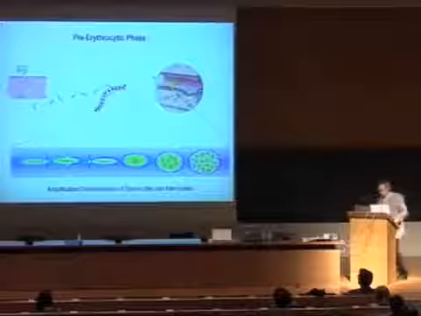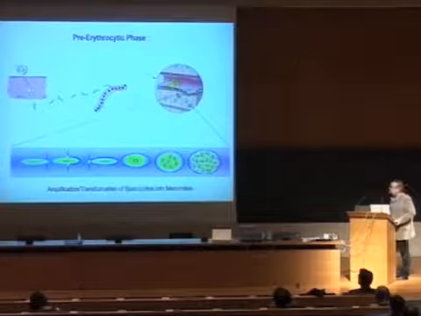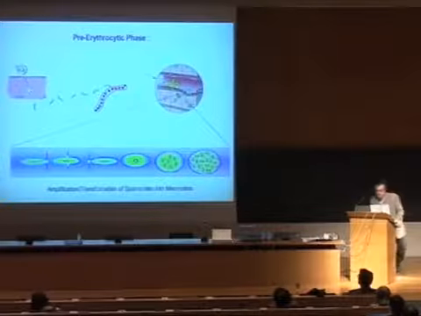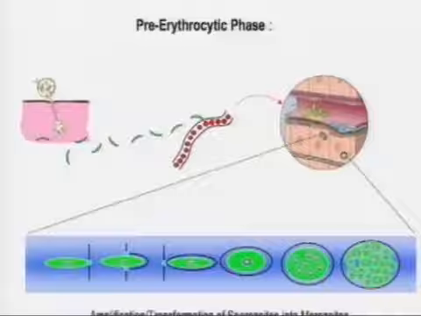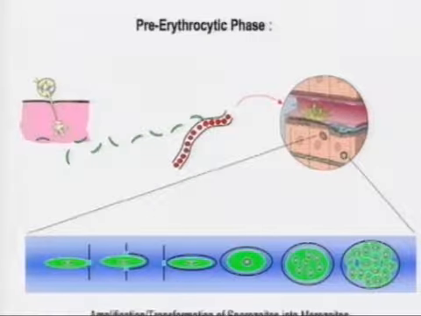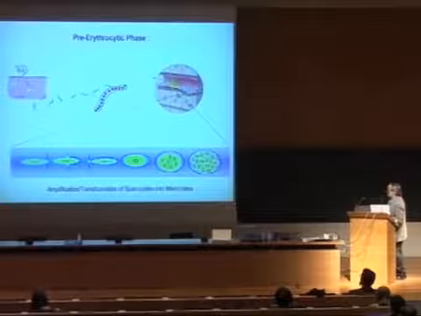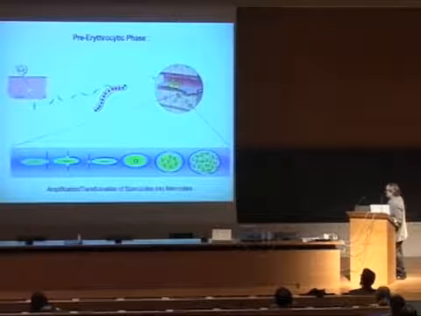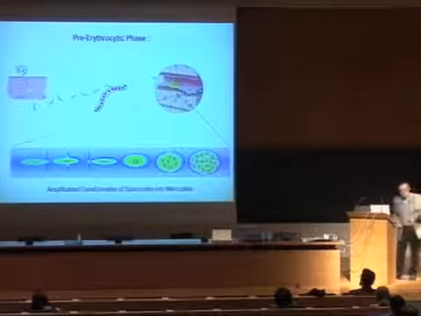So far, this pre-erythrocytic phase, at least in mammals, was considered to be a sort of linear journey of the parasites, which are deposited in the skin in small numbers, travel through the blood and end up in the liver, where the parasite will invade hepatocytes and progressively grow.